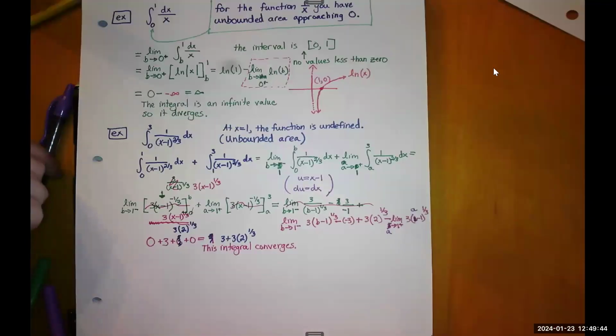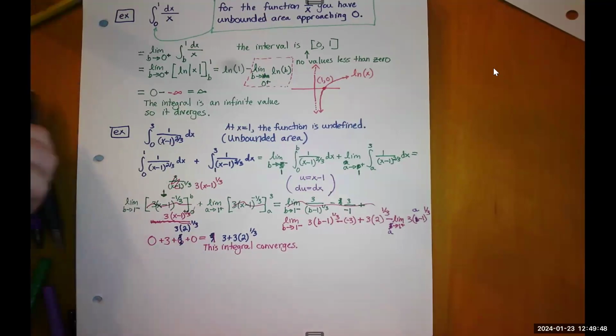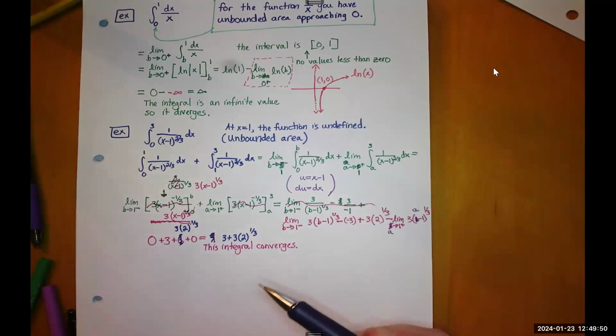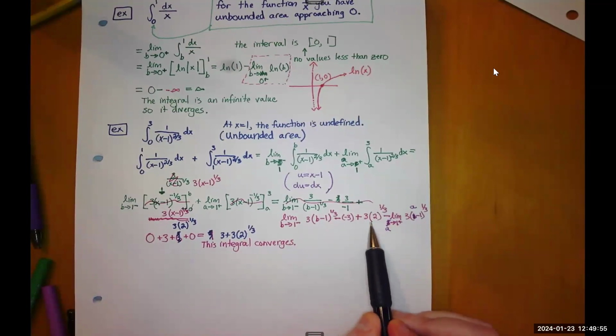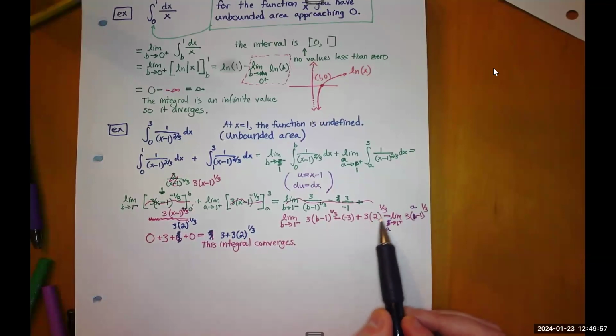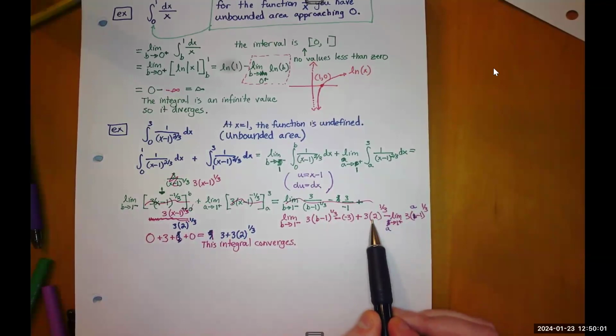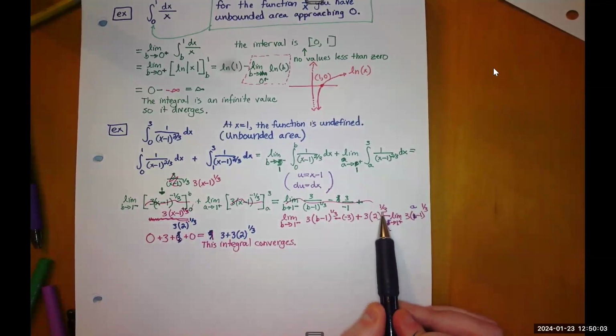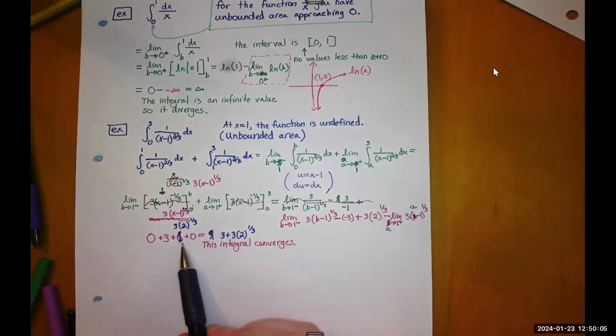After finishing the problem, I noticed a mistake. Even though I correctly wrote 3 times 2 to the positive 1/3 power, I completely ignored that here when I wrote 6.